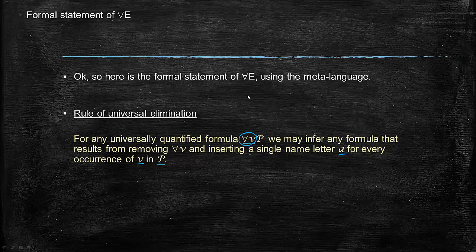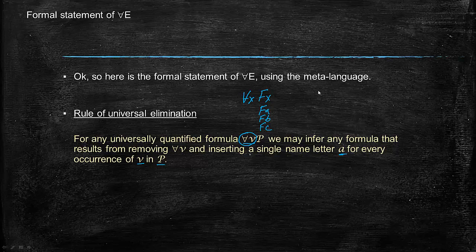So in the simplest case, if you have, say, for all x, fx, that means you can write fa, or you can write fb, or you can write fc, all justified by universal elimination.